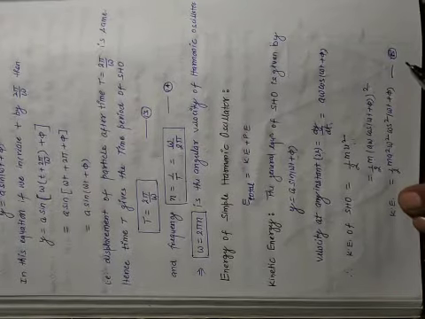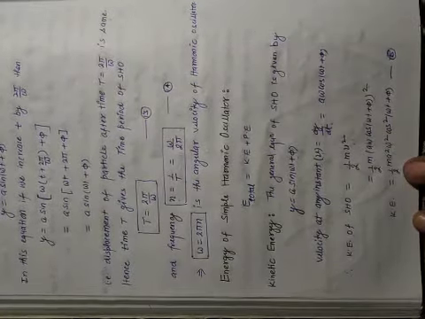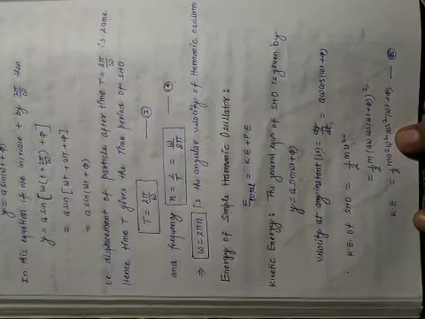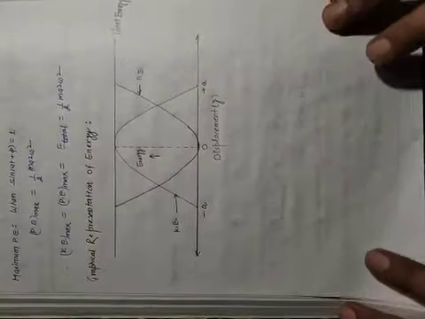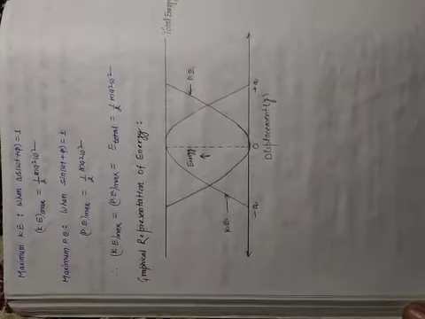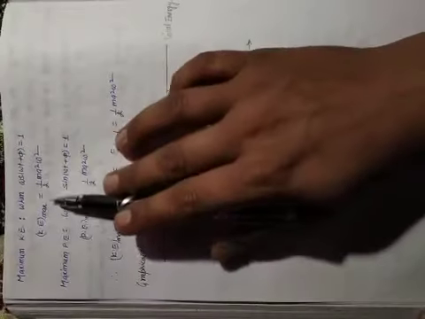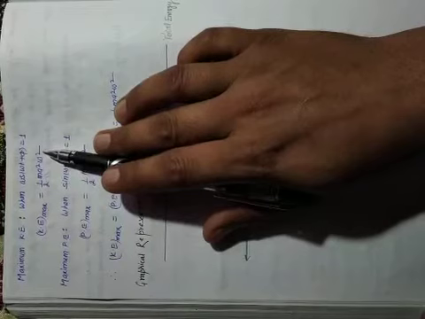So the maximum kinetic energy from equation number 15 comes out as half m a square omega square.